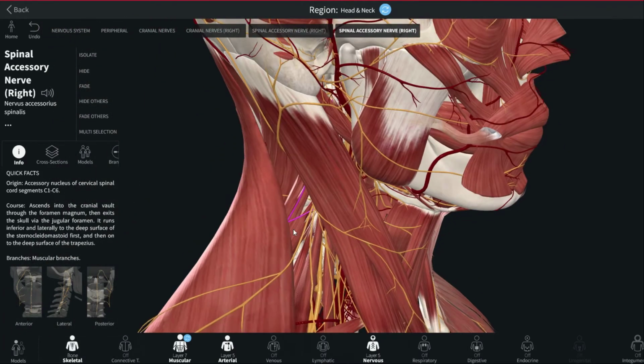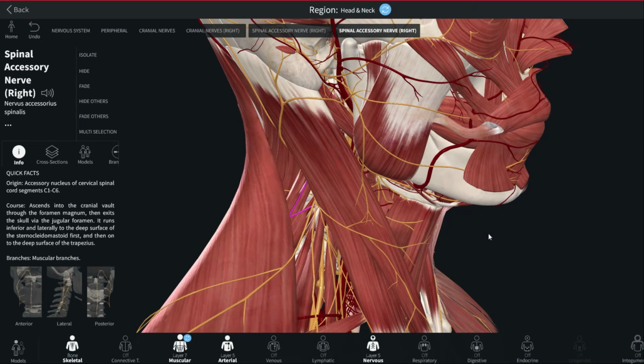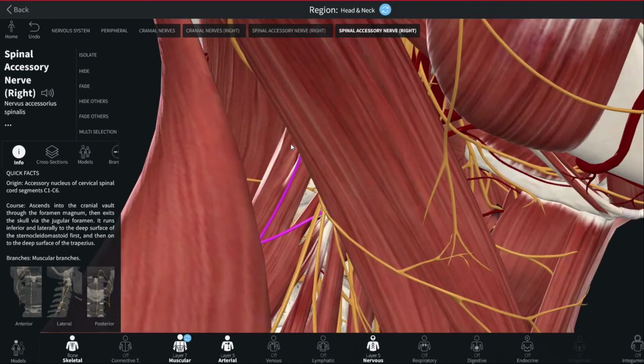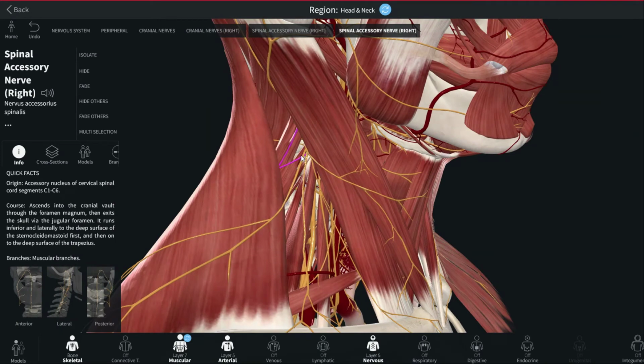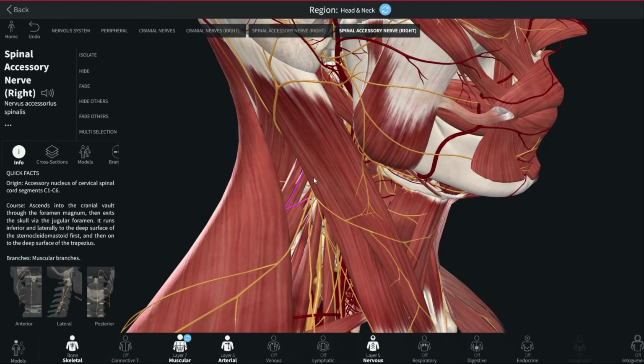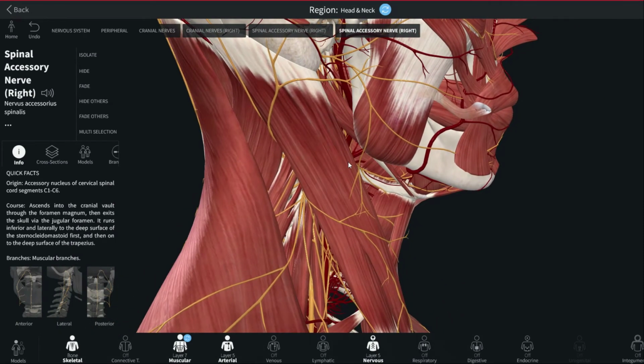So since we are talking about the spinal accessory nerve, the one shaded in violet over here, let's quickly talk about how it runs.